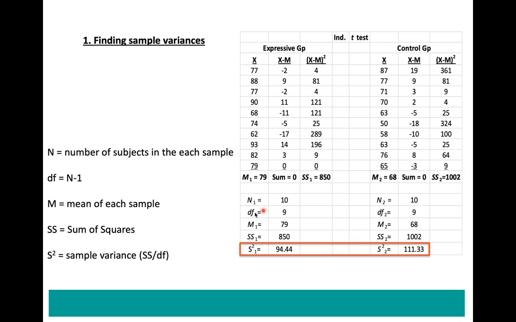Remember, degrees of freedom is n minus 1: 10 people minus 1 equals 9. We divide each sum of squares by its own degrees of freedom to produce our sample variances, our S squares.